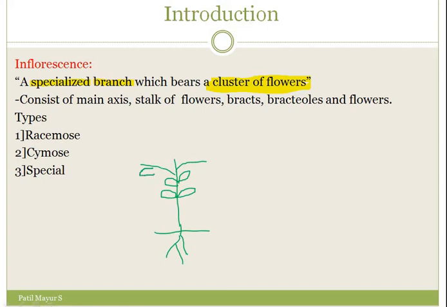It is just for understanding purpose, so you may not find it very beautiful. So this is a plant, you can say. Hope it looks like a plant. So here one branch is there.